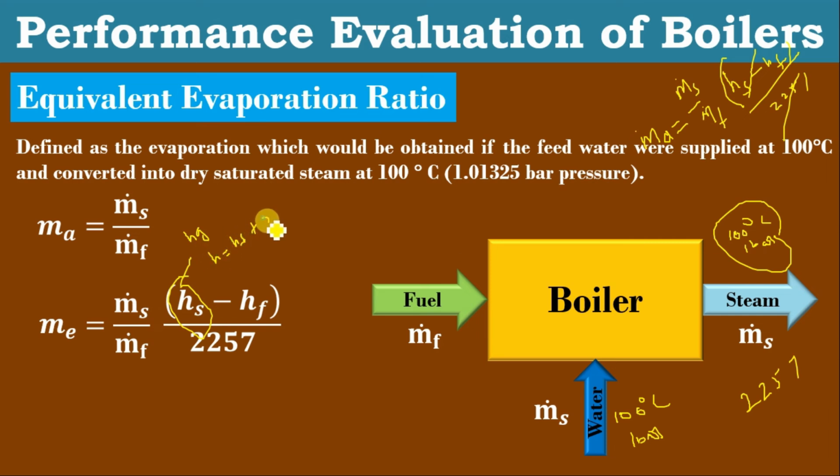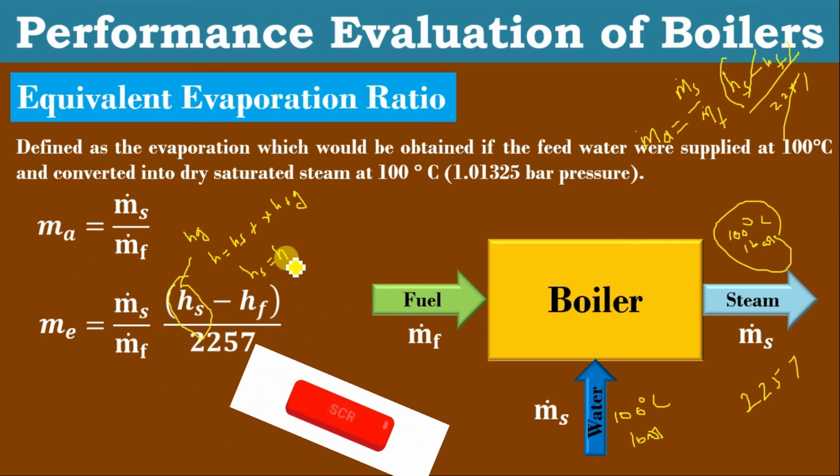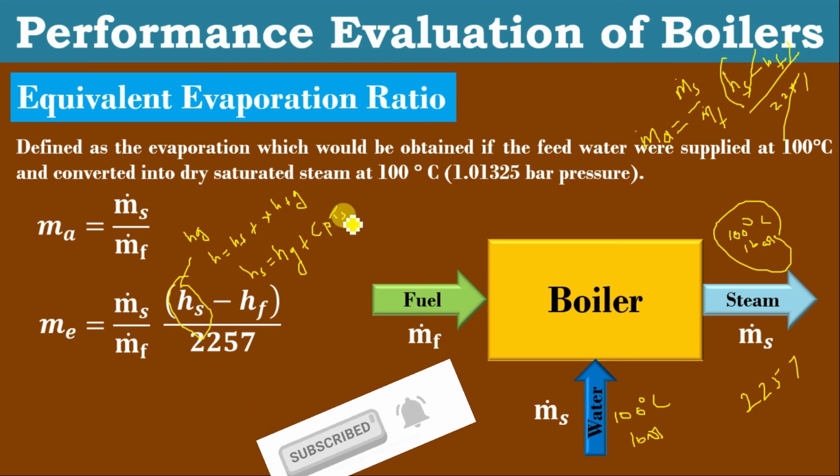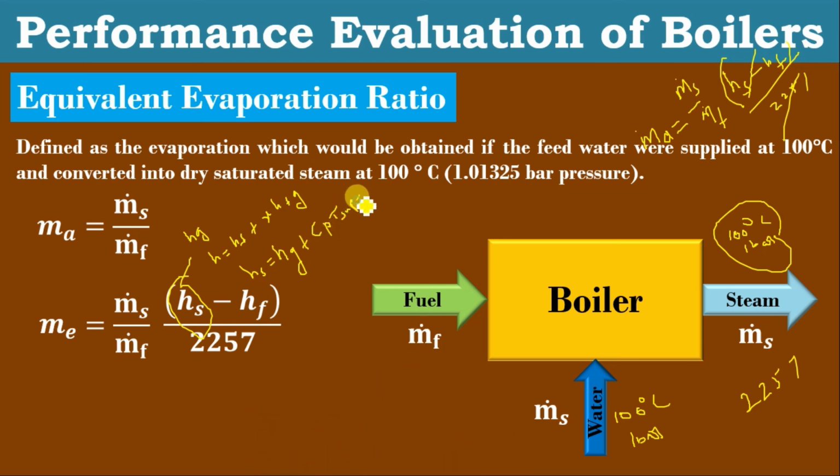plus X HFG; or superheated steam, H is equal to HG plus Cp of steam times T superheated minus T saturated at a given pressure.